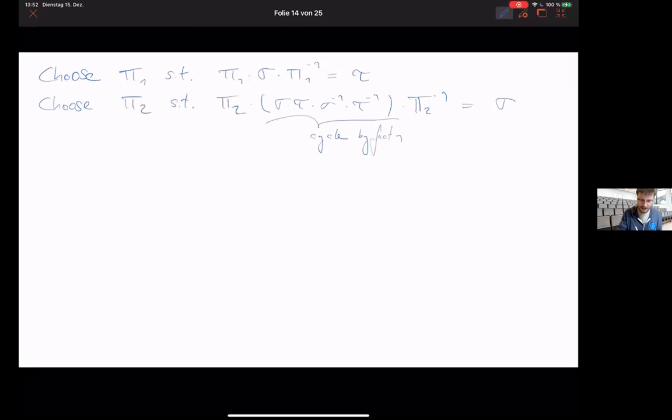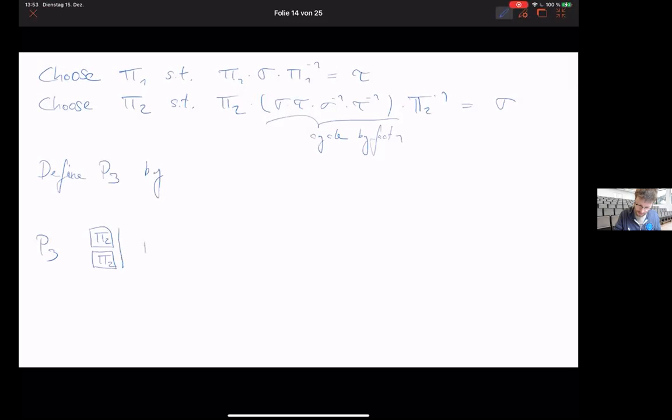Okay, and now I'm going to define my P3 as follows. First I need to do a pi 2, no matter what the input bit is. This is just constant.